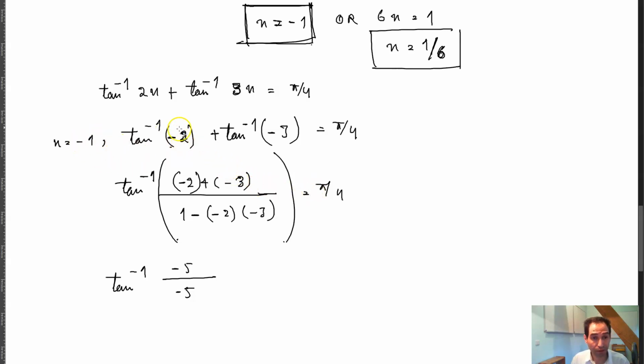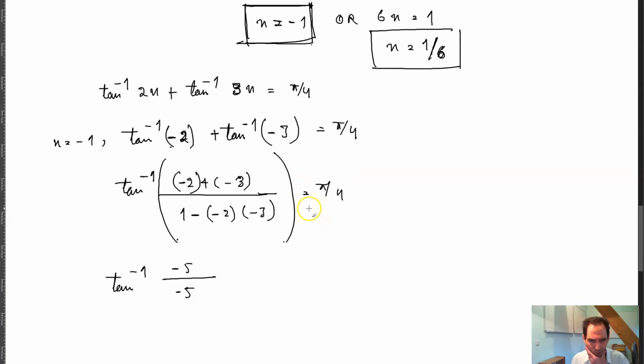If x is equal to negative 1, tan inverse of negative 2 plus tan inverse of negative 3 is equal to the tan inverse of negative 2 plus negative 3 over 1 minus negative 2 times negative 3, that's negative 5, and over here you have positive 6, 1 minus 6 is equal to negative 5, and then you have the tan inverse of 1 is equal to pi by 4.